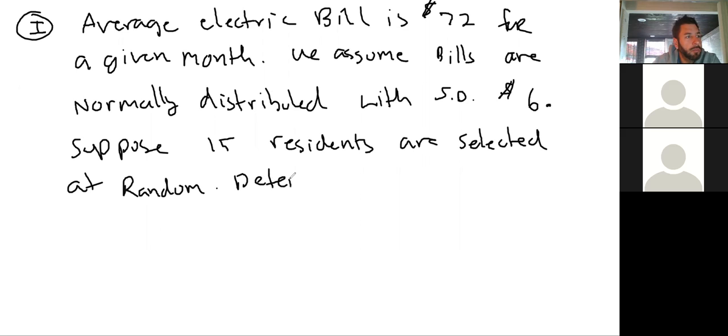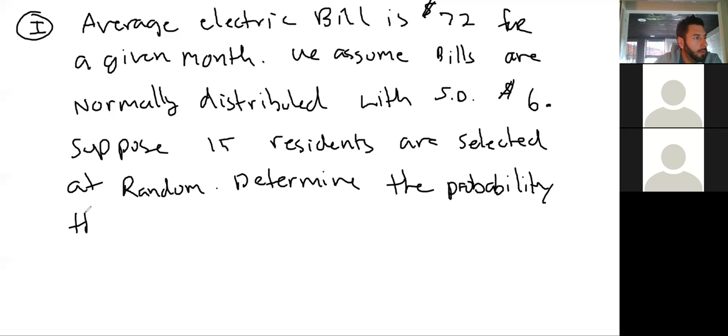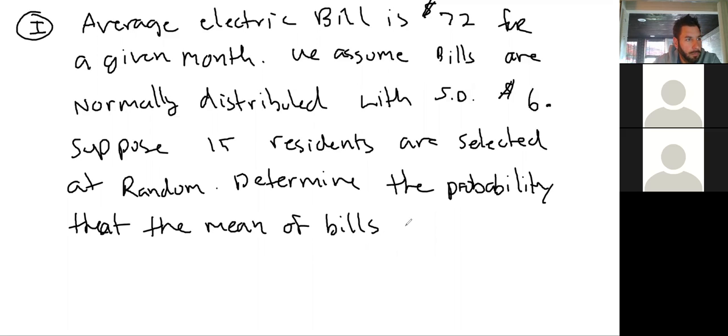What we want to determine is the probability that the mean of the 15 residents... So let's be very clear what I mean.